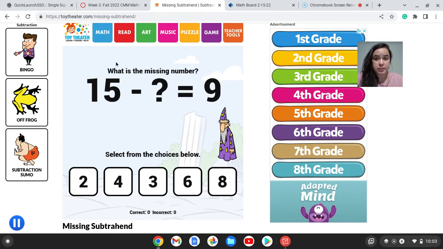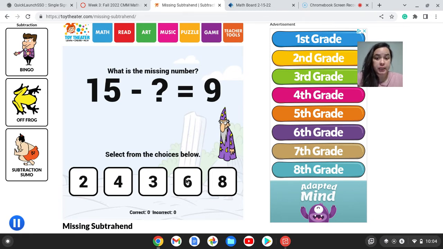I would then explain to students that the number that is greatest, so I would ask them, is 15 greater than 9 or is 9 greater than 15? They would say 15. I would then explain to them that they can subtract the 9 from 15 and find their answer. So I would say 15 minus 9 is equal to 6.